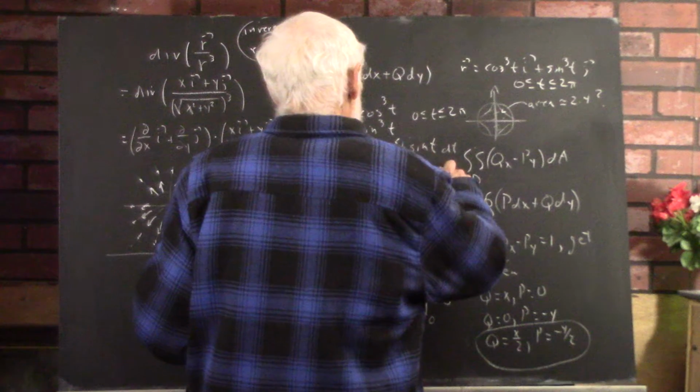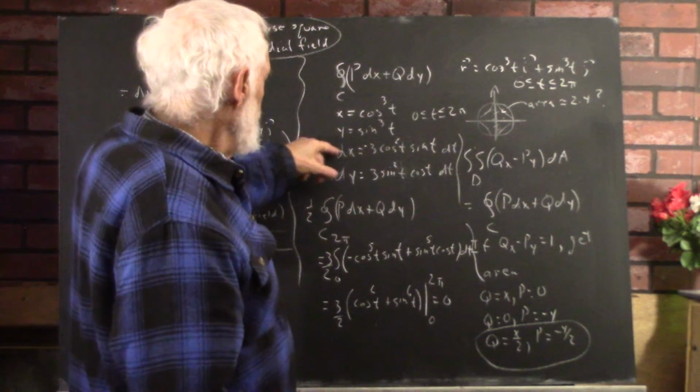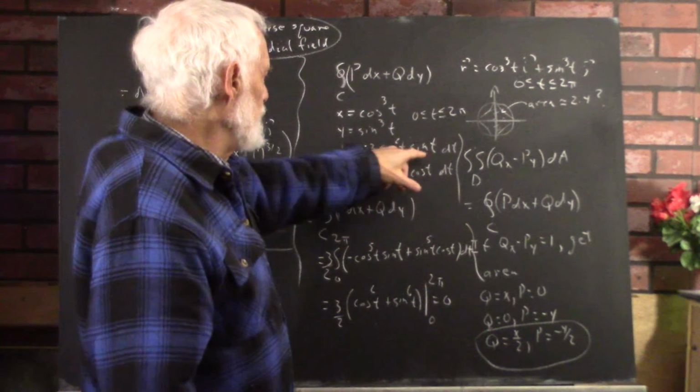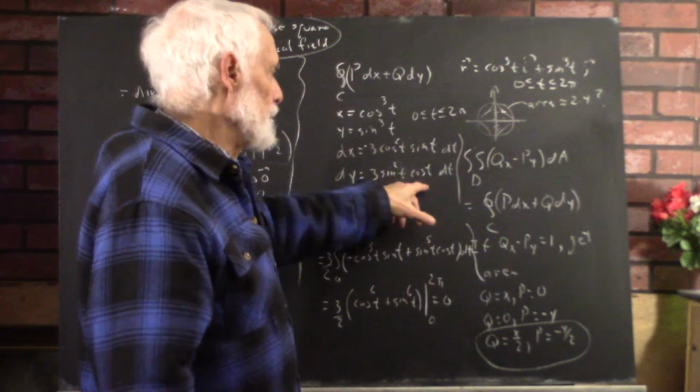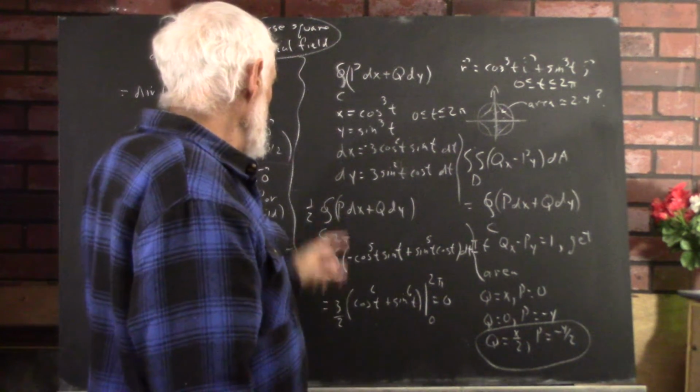I left off my dt here. Okay, dx is negative 3 cosine squared t sine t, dy is 3 sine squared t cosine t, both times dt.